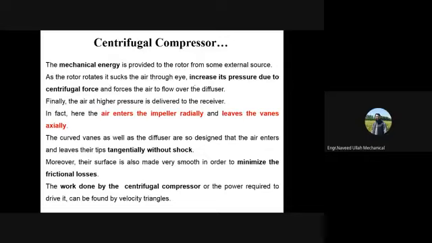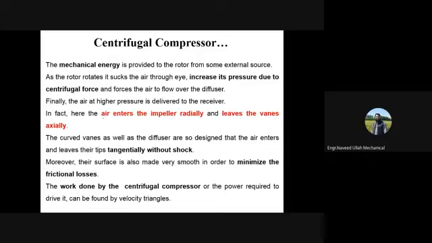These are the things I discussed verbally, and these are the black and white writings over here. It increases its pressure due to centrifugal force, and forces the air to flow over the diffuser. Finally, the air at higher pressure is delivered to the receiver. And you can see that here the air enters the impeller radially and leaves the vanes axially. This is important, right?